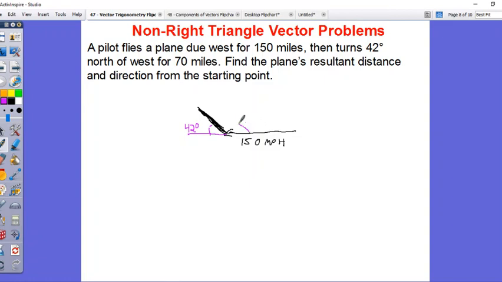This angle right here is going to be 180 minus 42, which is going to be 138. So this angle is 138 degrees.